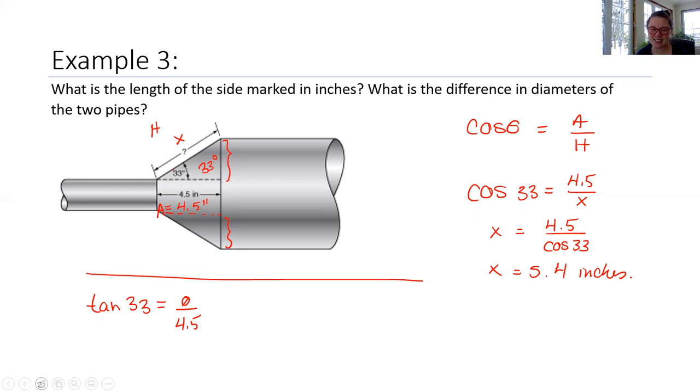So I'll put an O in here for opposite. The opposite side is going to be the tan of 33 times 4.5, which leaves us with 2.92 inches.